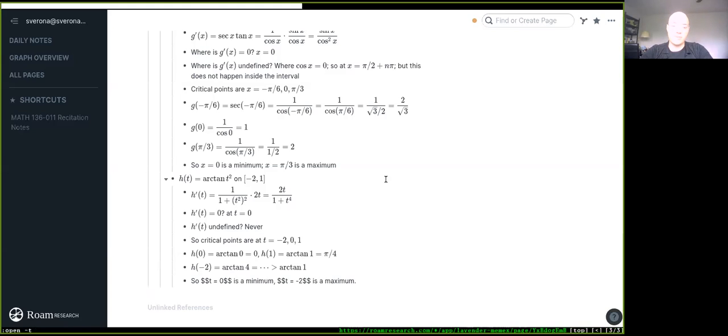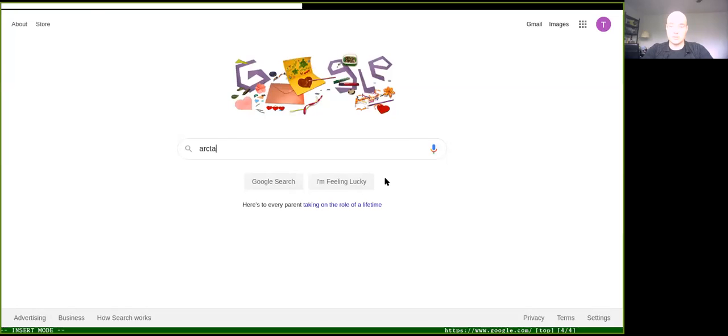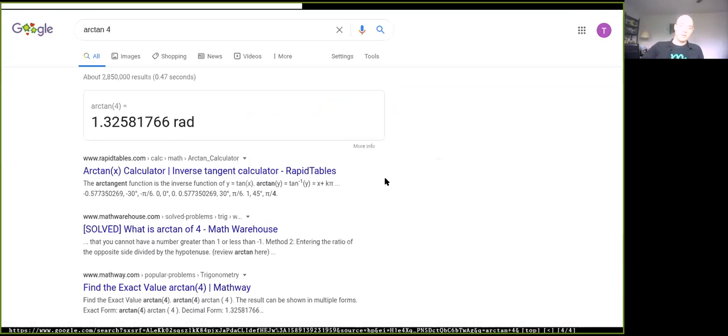All right, let me prove this to you, and also see how competent Google is. So arctangent of 4 in radians is about 1.326.